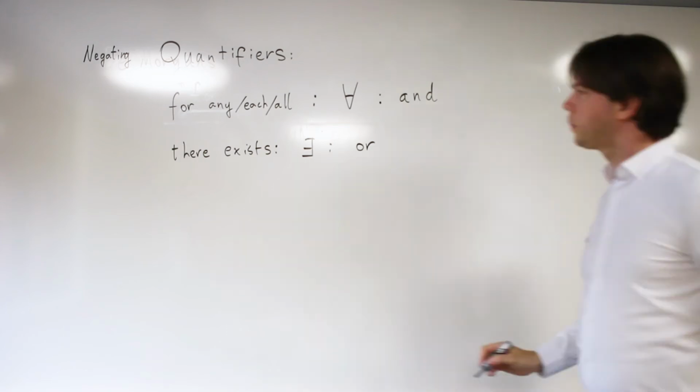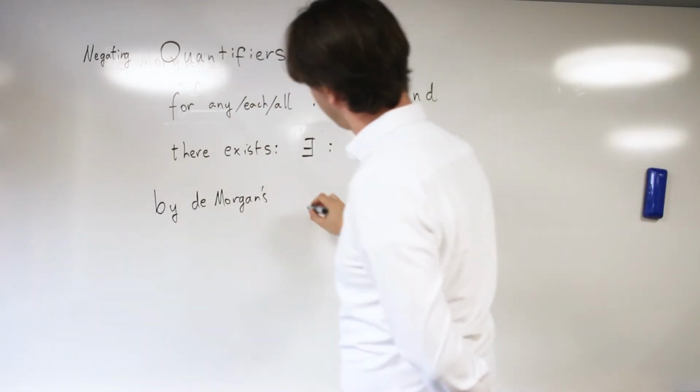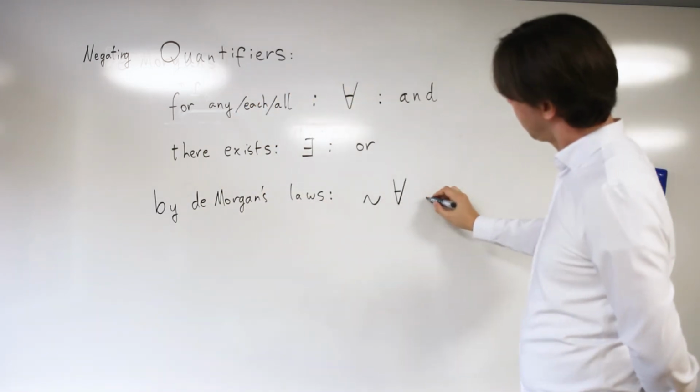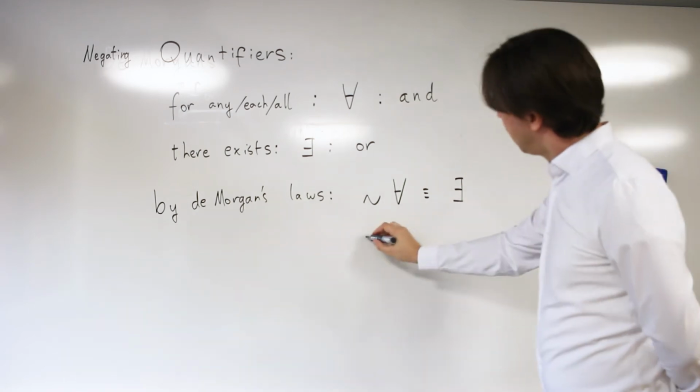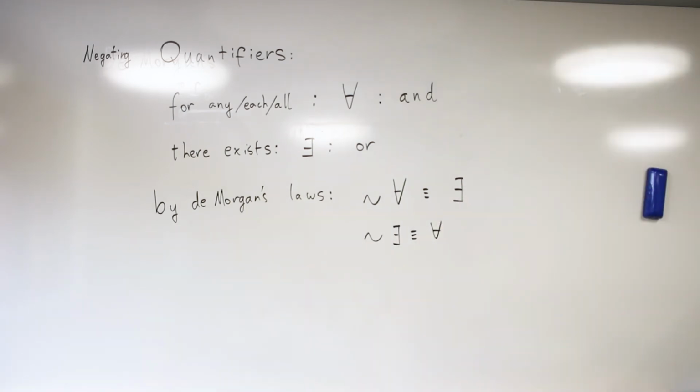The importance of this observation is that De Morgan's laws show how to negate these sorts of statements. Accordingly, the negation of for all is there exists.